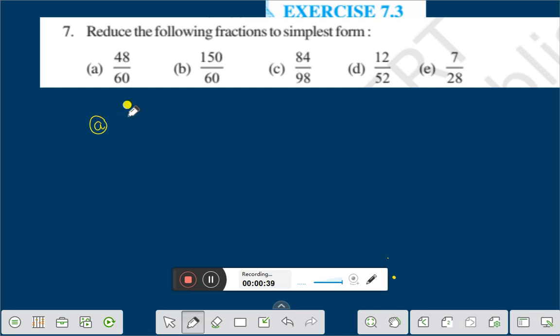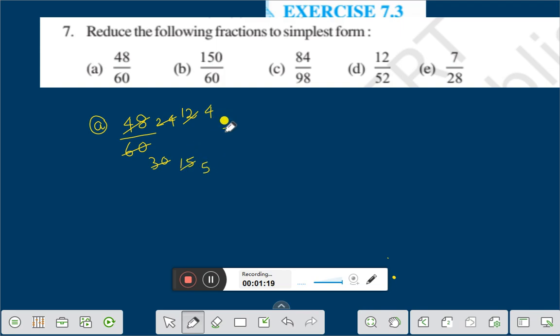The question is A, 48 by 60. We'll divide by 2: 2 fours are 8, 2 threes are 6, 2 twelves are 24, 2 fifteens are 30. Then divide by 3: 3 fours are 12, 3 fives are 15.